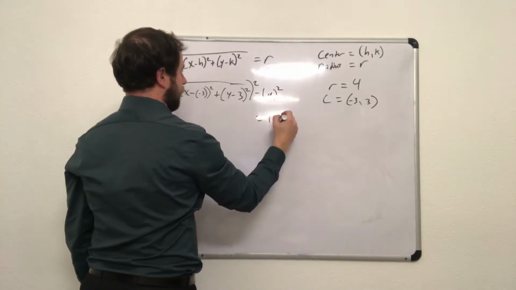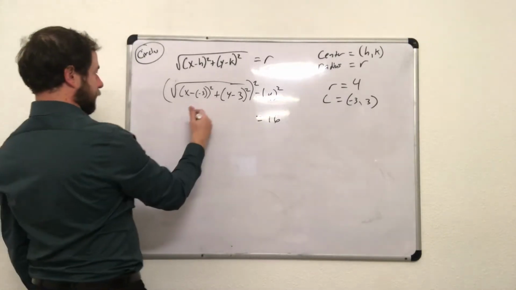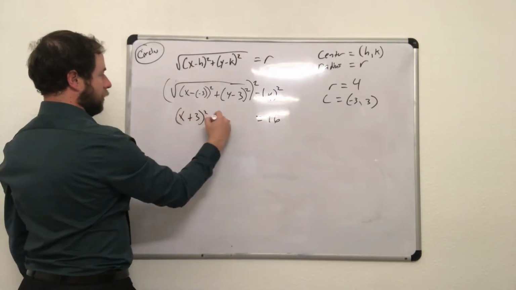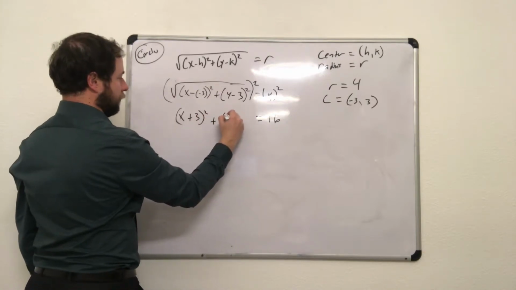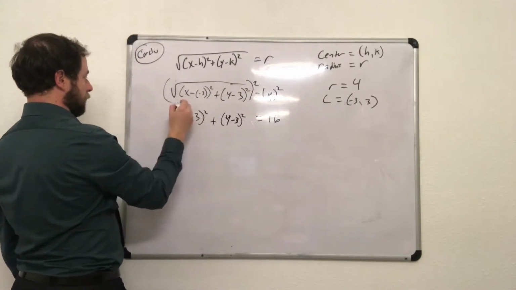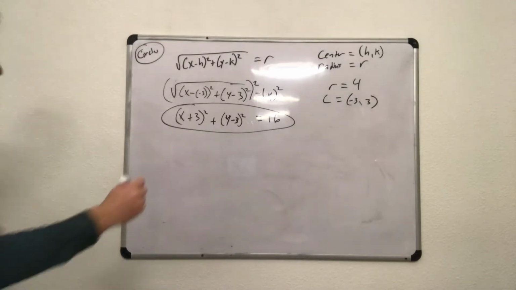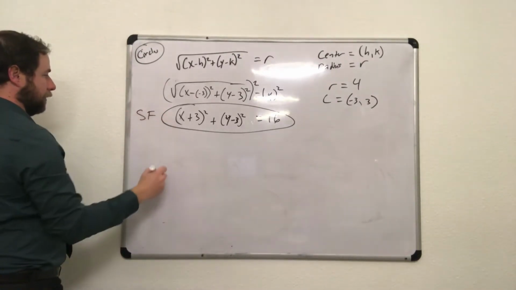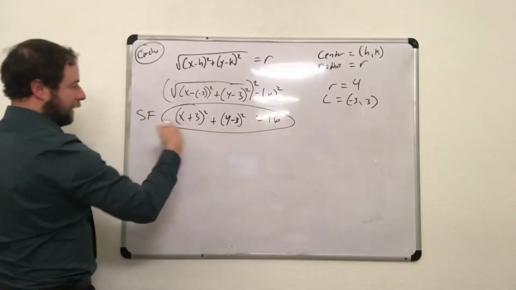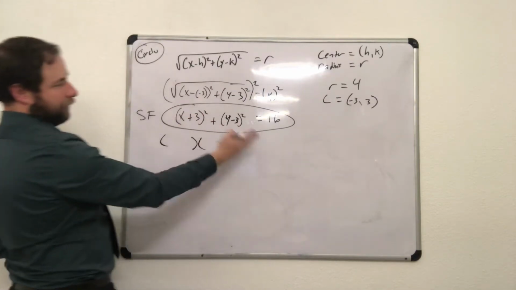Square both sides, so we get 16 equals (x plus 3) squared plus (y minus 3) squared. And this right here is one of our answers, and this is in standard form, okay? But then in order to get general form, we actually have to multiply this out and get it all equal to 0. So we got one of our answers already done. That was not difficult for you.